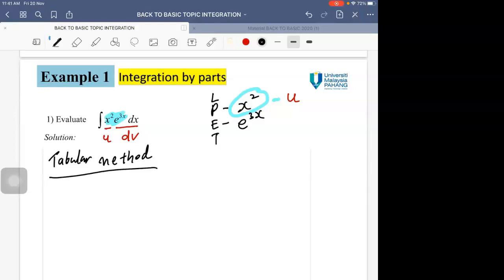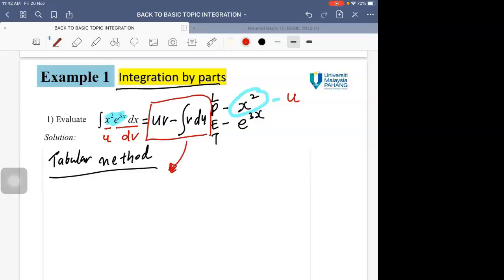To use integration by parts, actually we have integrate u dv equals uv minus integrate v du. This is the standard form of integration by parts, but now we try to simplify this by using the tabular method. We already decide u equals x squared.